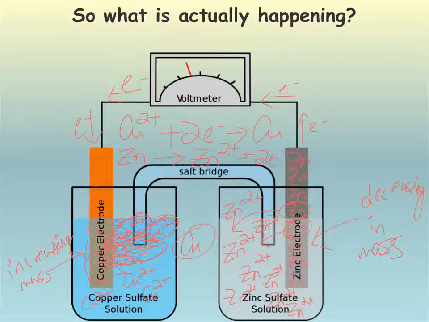Reduced species is basically getting the electrons. The electrons are being put on the ions, the copper ions in solution, and then they are attaching to our copper metal, and so this is getting bigger and bigger and bigger. And then over here are zincs. As they are losing the electrons, they are coming off the zinc electrode and dissolving in solution.